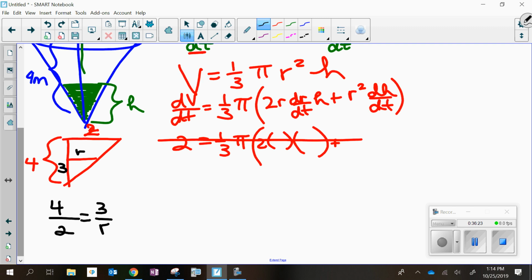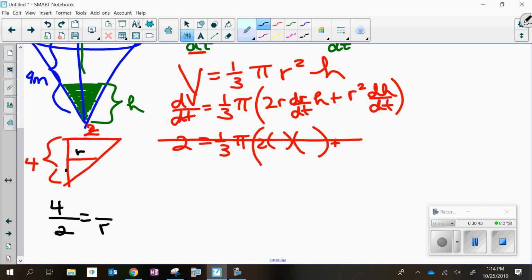I don't think we want to use 3. 3 is already plugging in what our moment is. I think we need to use h, don't we? Nope, that's not going to give us what we need. I think you're getting ahead of yourself a little bit, but you got the right idea. But let's use h here.